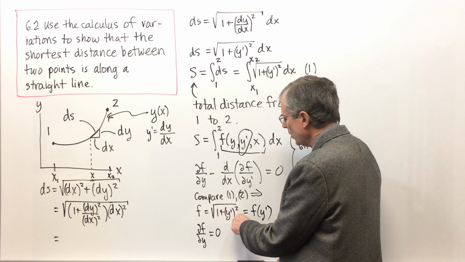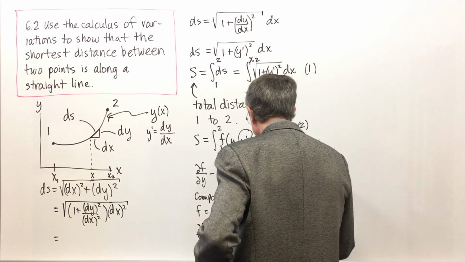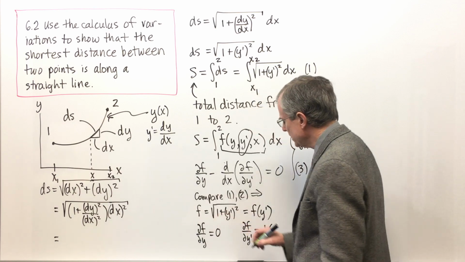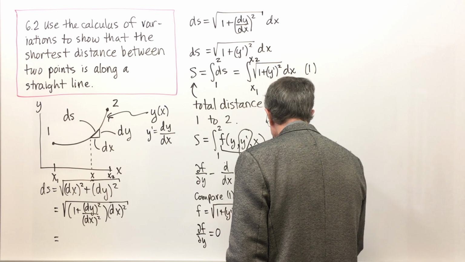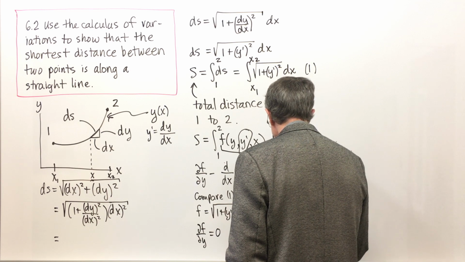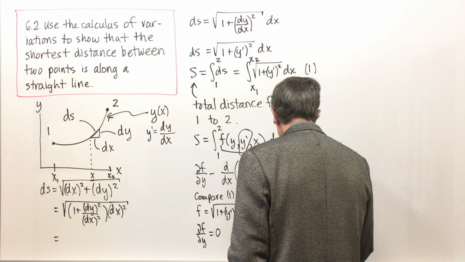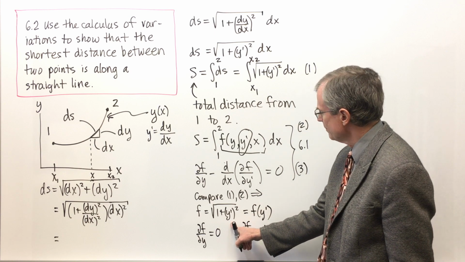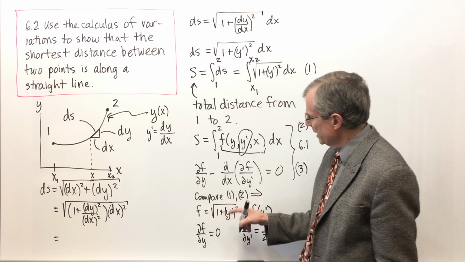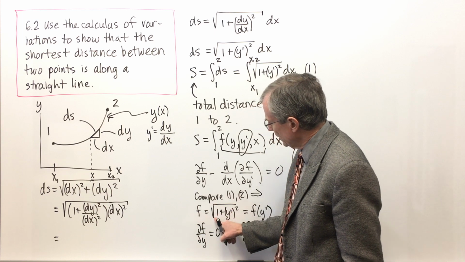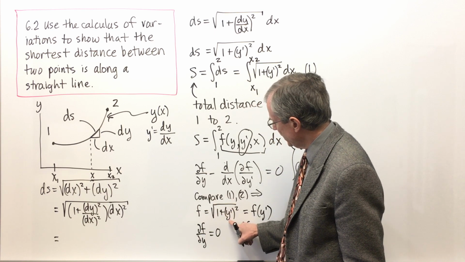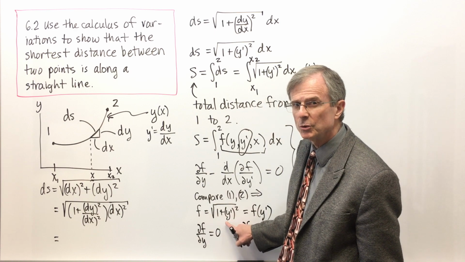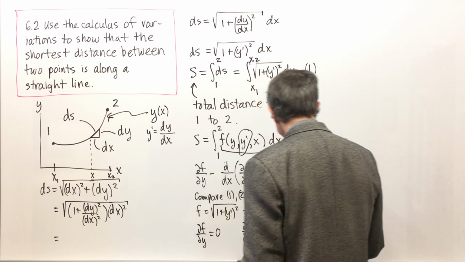Well, it's a square root, so the derivative of the square root is 1/2 times whatever's inside raised to the minus 1/2 times the derivative of the inside. So the derivative of the inside of the square root, the 1 doesn't have a derivative, but the derivative here will have a 2y prime. And remember, I'm taking a derivative with respect to y prime. So that just gives me a 2y prime.